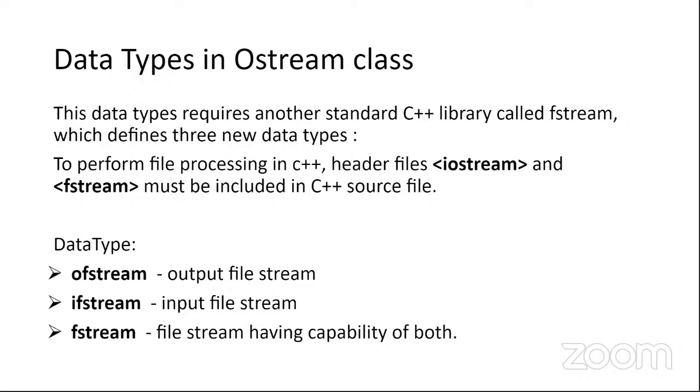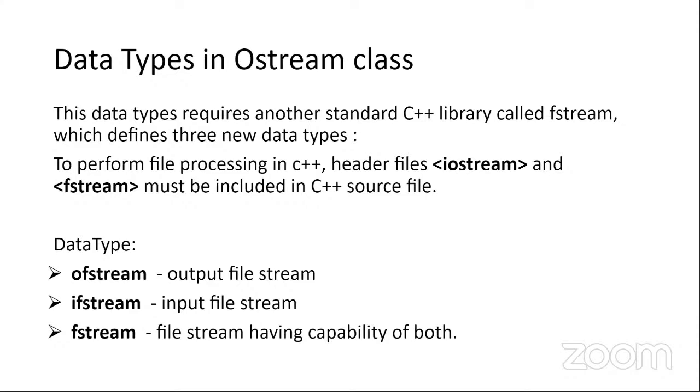Now data types in the fstream class. This requires another standard C++ library called fstream, which defines three new data types, which are ofstream. This data type represents the output file stream and is used to create files and to write information to files.